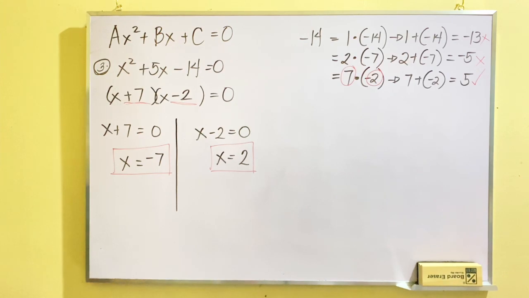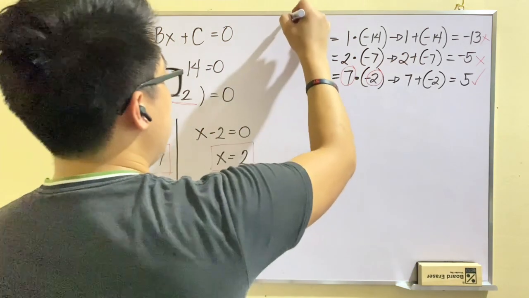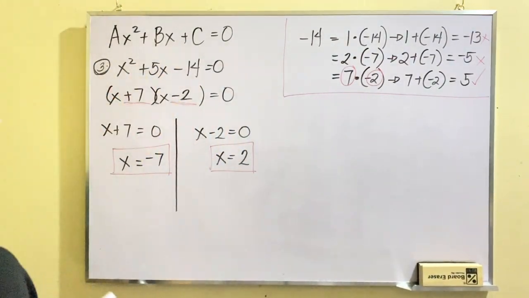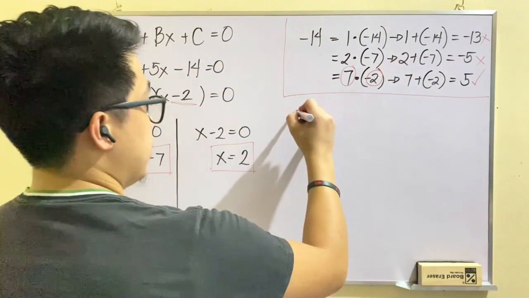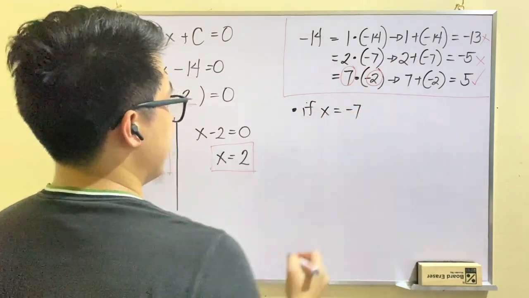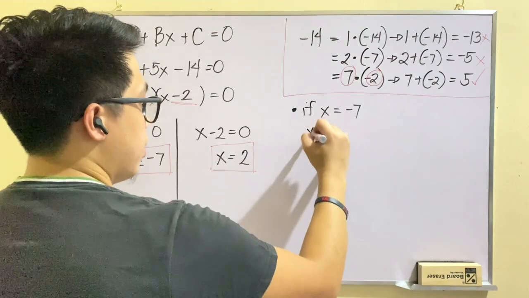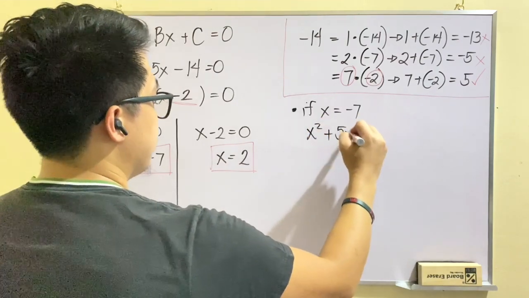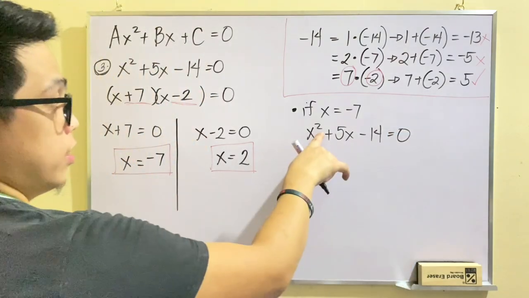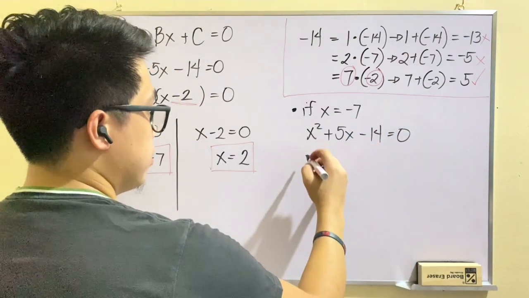Paano natin i-confirm kung tama ang ating sagot? Of course, i-substitute natin yung values of x sa ating given equation. So, tignan muna natin. If x is equal to negative 7, given the equation, x squared plus 5x minus 14 is equal to 0. So, ang given is x equals to negative 7.